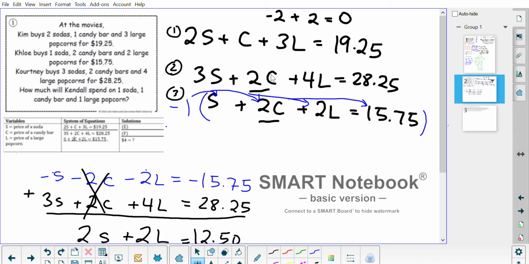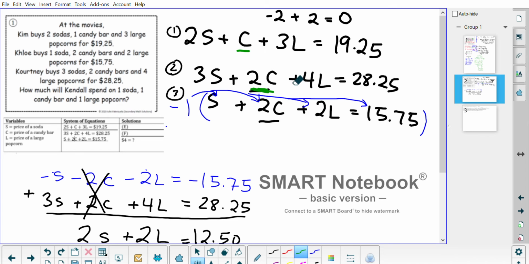Now, let's go back to our original equations. So I already took out c from 2 and 3. Now, let's try to take out c again right over here. So we have a single c by itself, and we can actually combine it with the second equation's 2c.